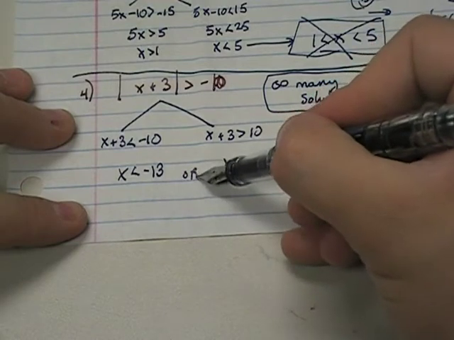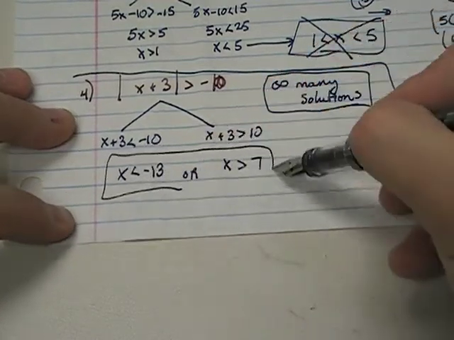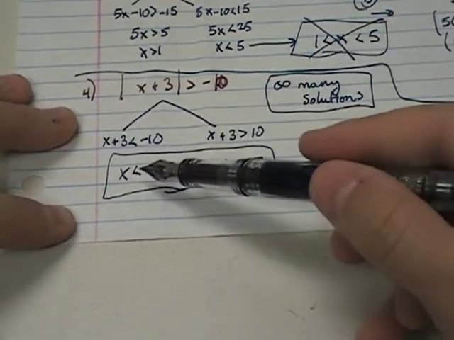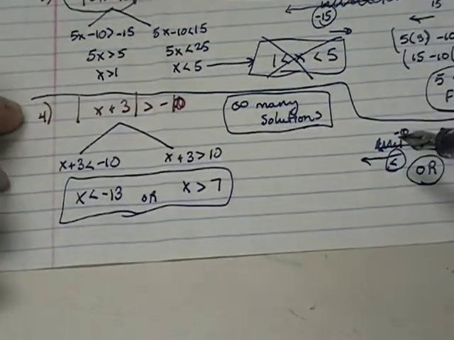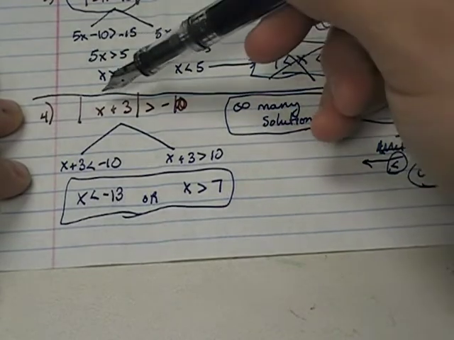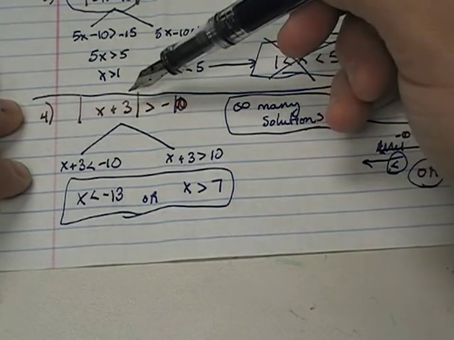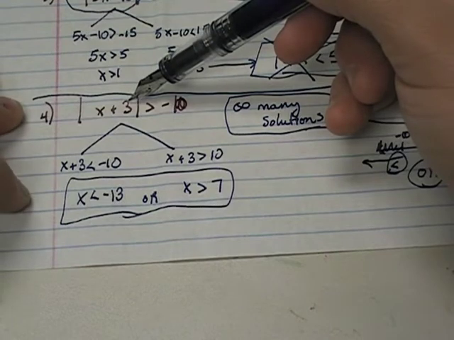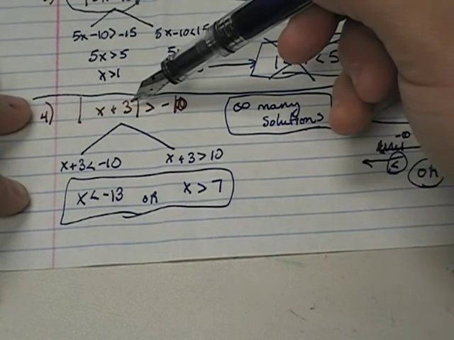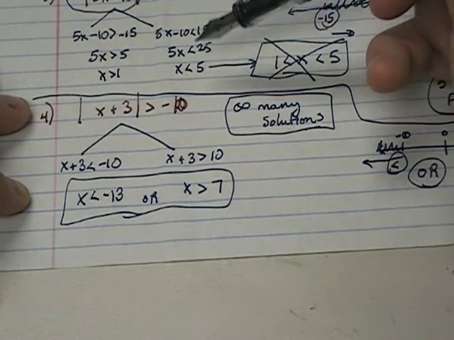We have an or inequality here. So we try a number less than negative 13. How about negative 15? What's negative 15 plus 3? It's negative 12. The absolute value of negative 12 is 12. Is 12 greater than negative 10?